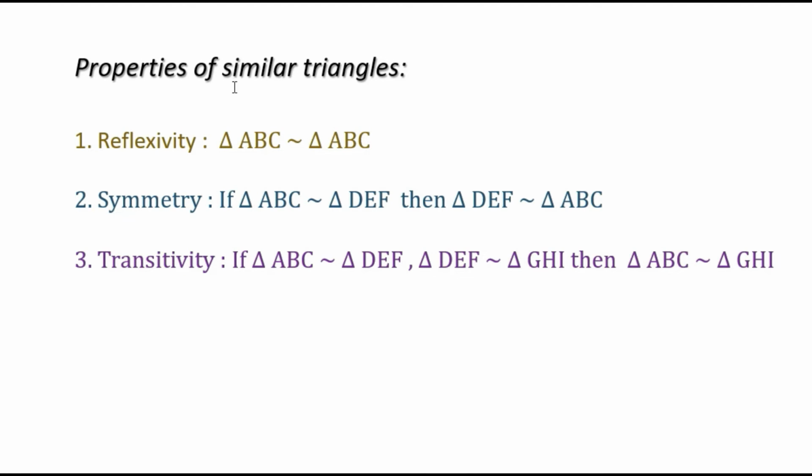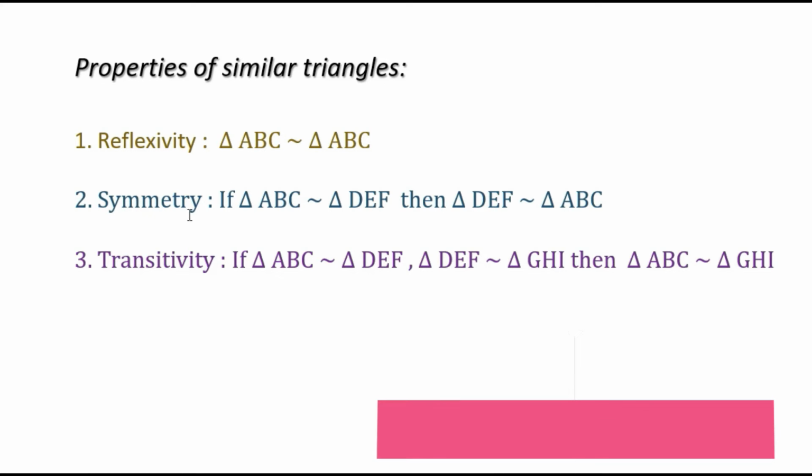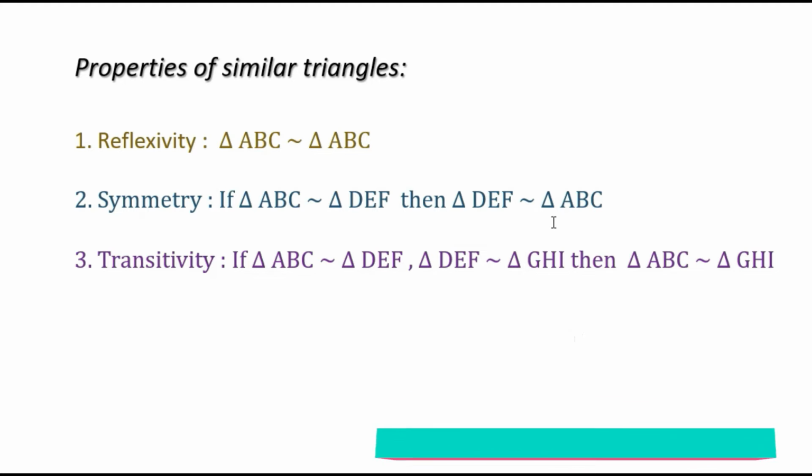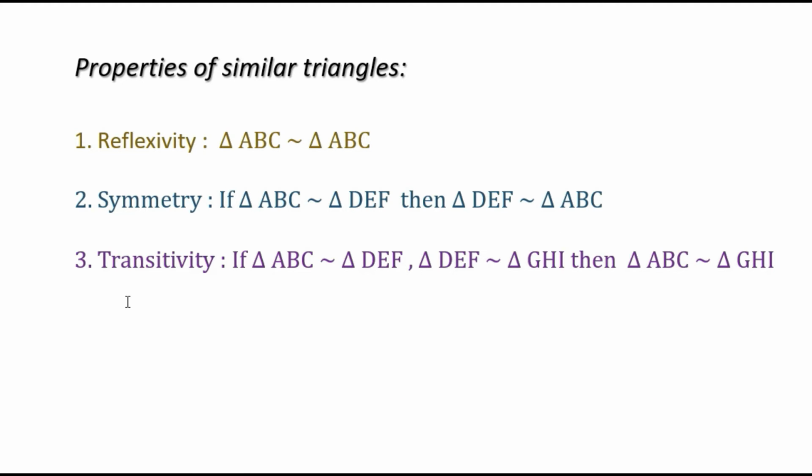There are three properties of similar triangles. First is reflexivity. It means triangle ABC is similar to itself, triangle ABC. Very easy property. The second property is symmetry. If triangle ABC is similar to triangle DEF, then triangle DEF is similar back to triangle ABC.